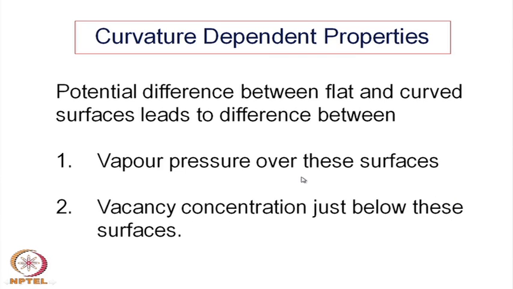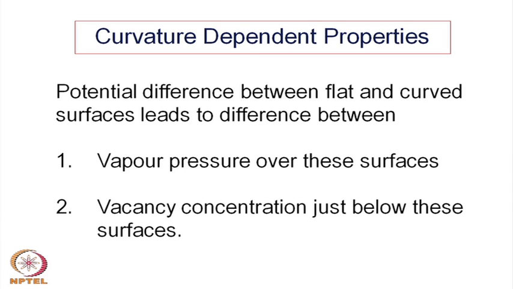So, if you have a curved surface, either convex or concave, that will have a different vapor pressure than a flat surface, which can be taken as the reference. Between a flat surface and the curved surface there is a chemical potential difference, and that also leads to a vapor pressure difference.